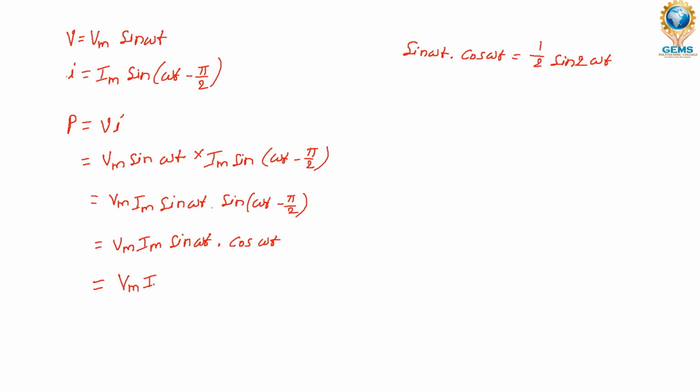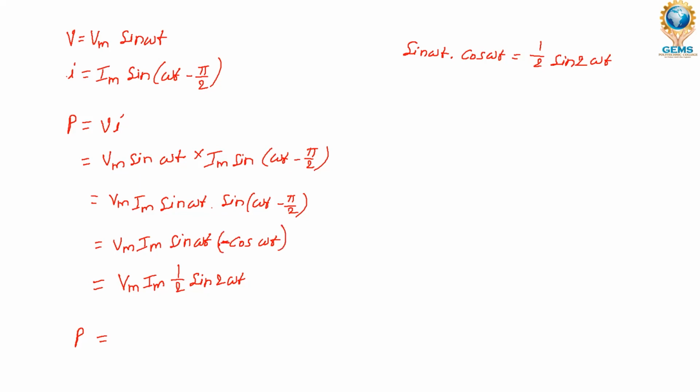Vm Im 1 by 2 sin 2 omega t. Now we can write clearly power equals, sorry, this is the minus of cos omega t.